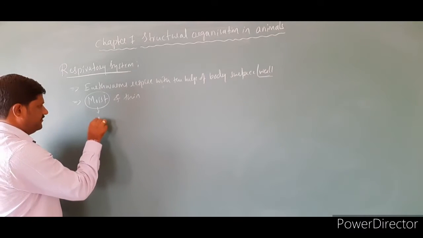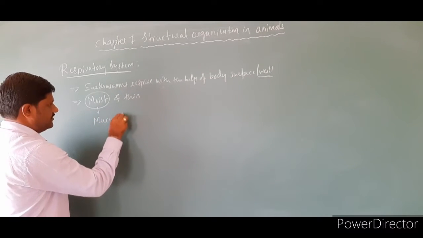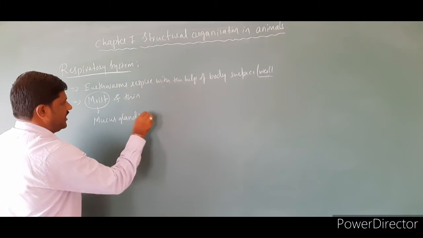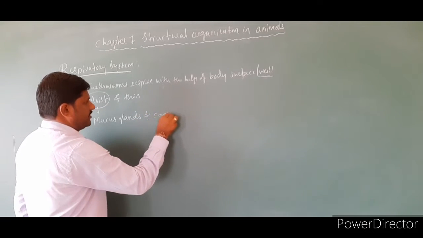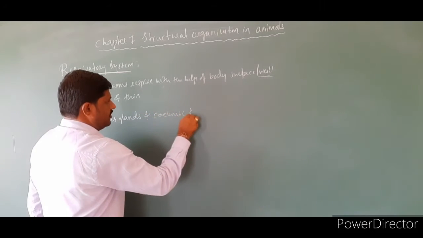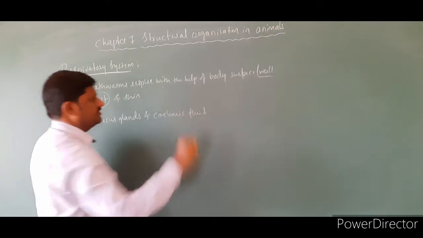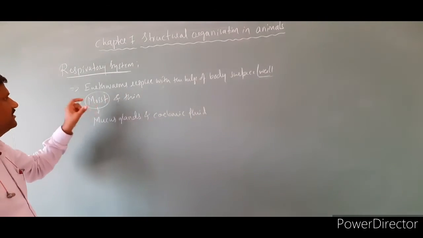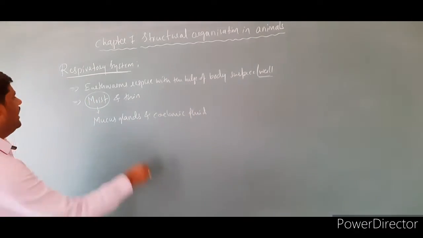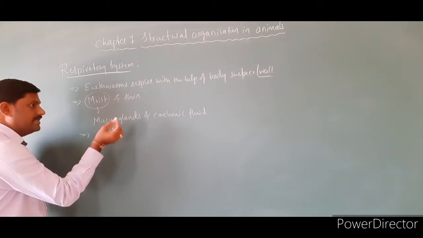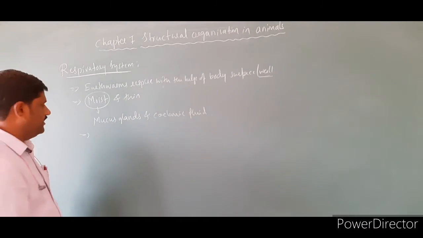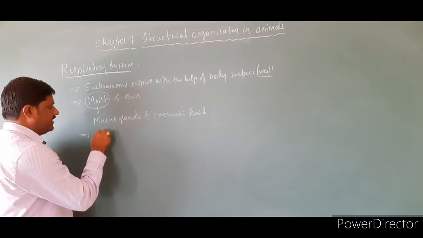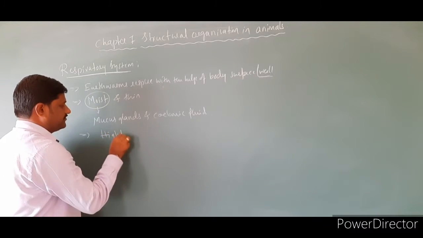So because of the mucus glands as well as coelomic fluid, the skin is always kept moist. And not only is the skin moist in this animal, but it is also highly vascularized.